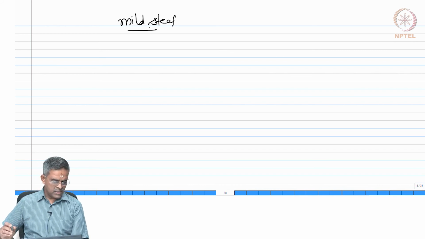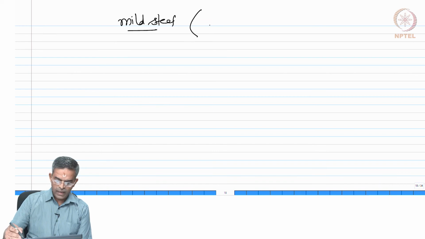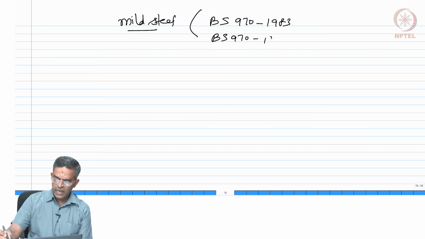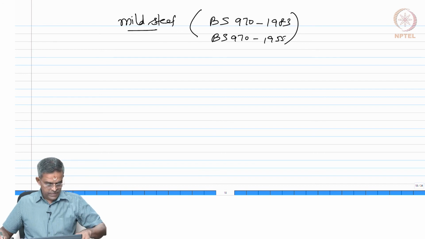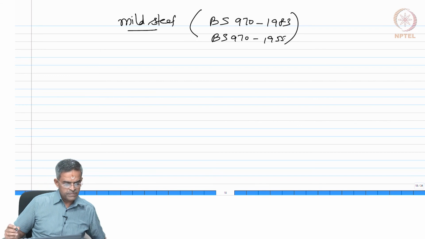So, let us say mild steel is specified as per BS 970, 1983 or as per BS 970, 1955 grades.